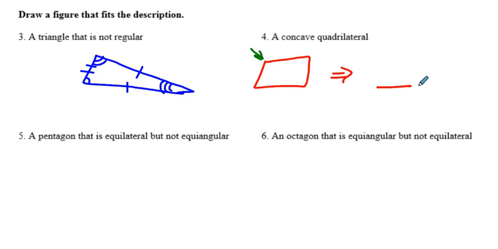If I have these other sides that I drew, if I push that in, let's draw a dashed line here to represent where it used to be. So if I push that side in, my four-sided shape might look like this. So this shape right here, this green one, that could be a concave quadrilateral. It's got four sides and it's pushed in on itself. So there's a concave quadrilateral.